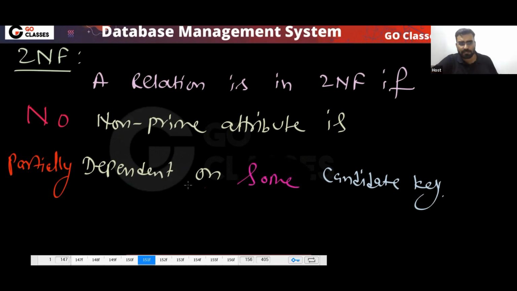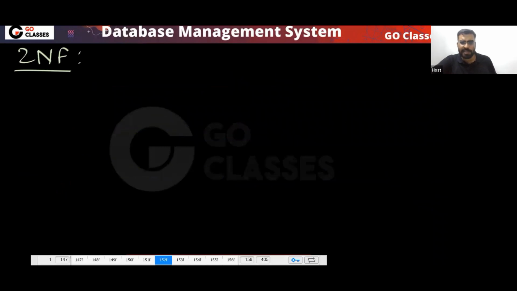Same definition I can write like this. A relation is in 2NF if no non-prime attribute is partially dependent on some candidate key. Okay, this is another way of writing the same definition. Is this clear? Now, anyway, let's take examples. With example, this concept will become more clear.